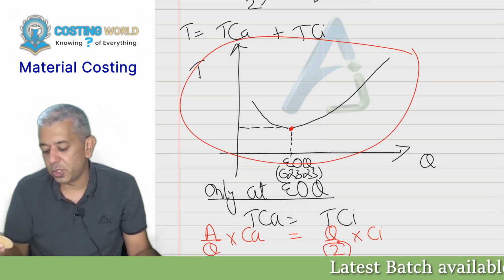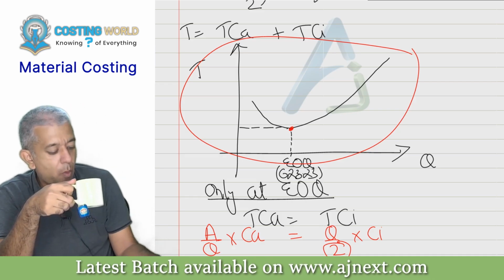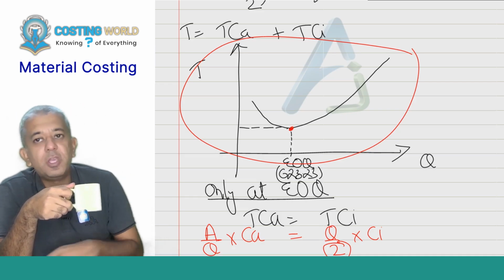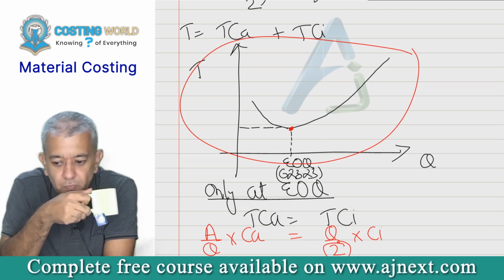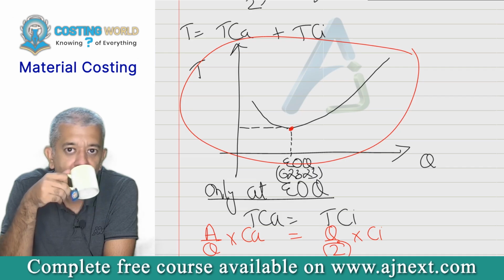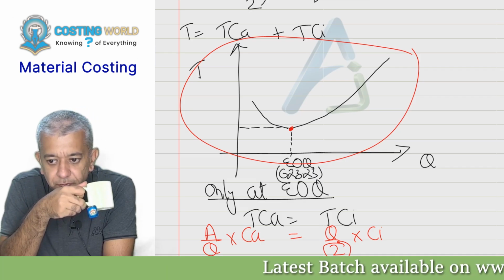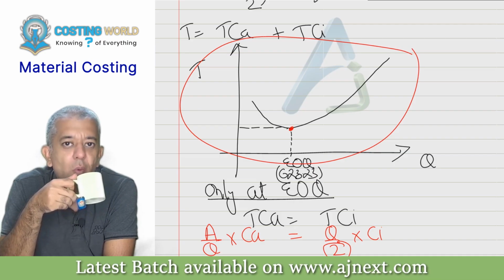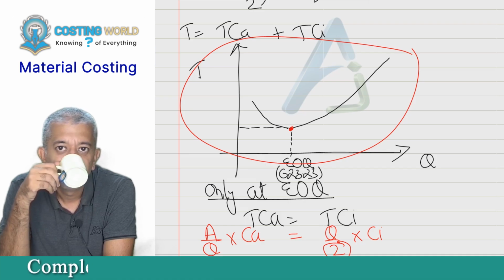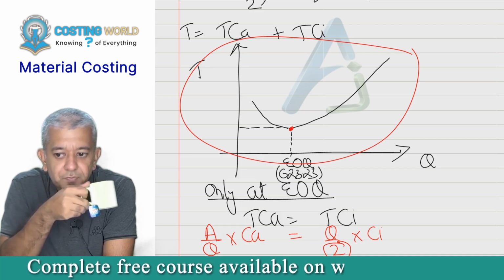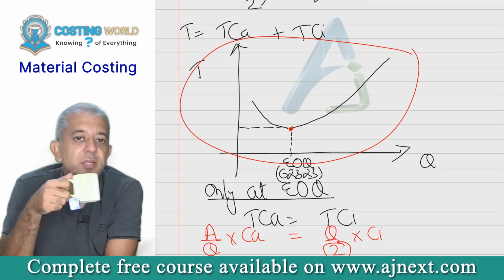Practical application of EOQ. Write down: if EOQ is not possible, comma, order the quantity which is nearest to EOQ.